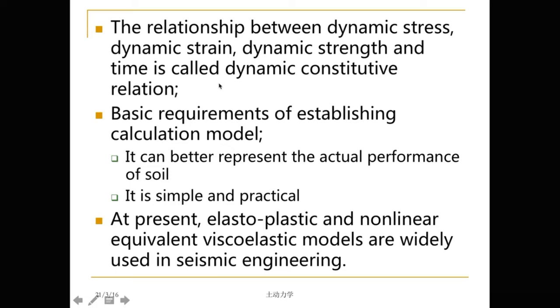But in the dynamic constitutive relationship, it not only includes three parts: strain, stress, and strength, but also includes time. That means usually in a dynamic constitutive relationship, you can find the variable of time.